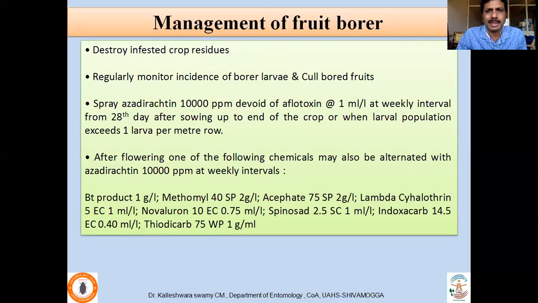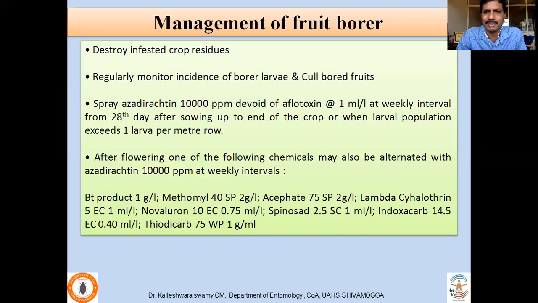Coming to management of Diaphania indica, we need to destroy the infested crop residues. Regularly monitor the bored fruits, and such bored fruits need to be culled out. Especially in export-oriented crops like gherkin, azadirachtin 10,000 ppm is used, and we need to see that it is devoid of aflatoxin.